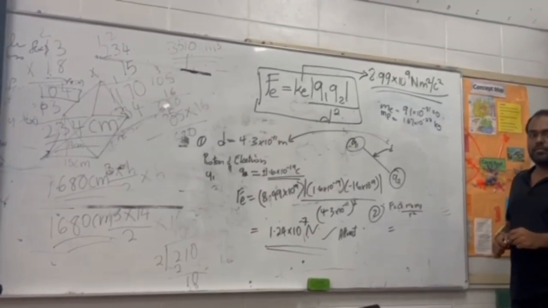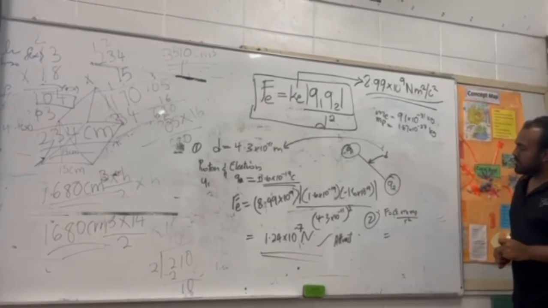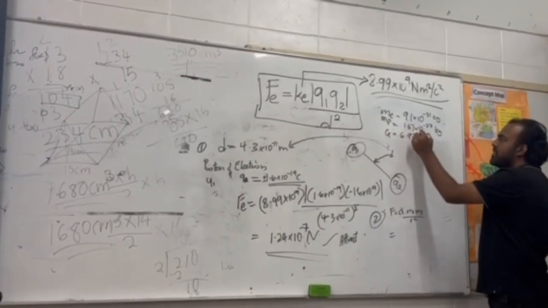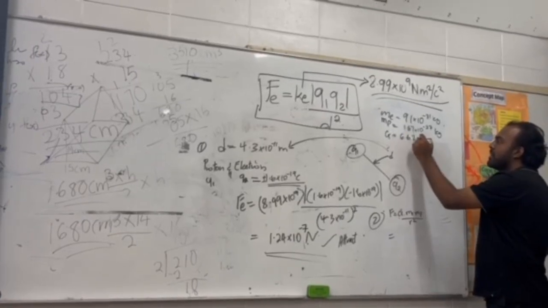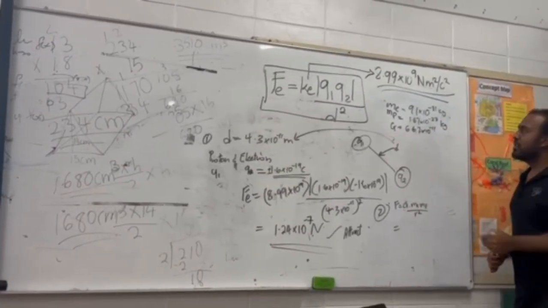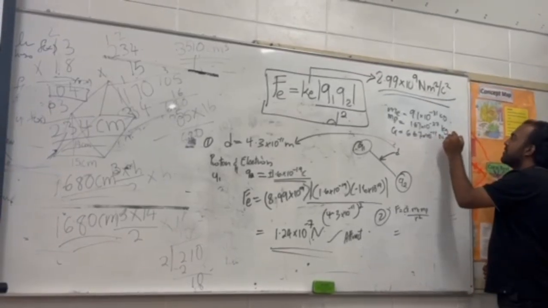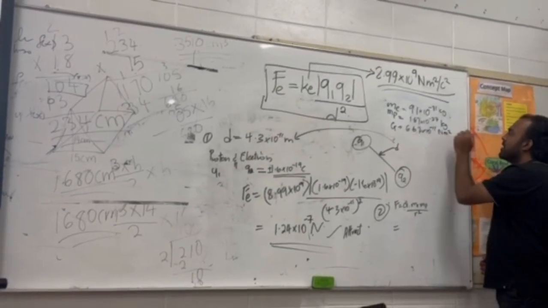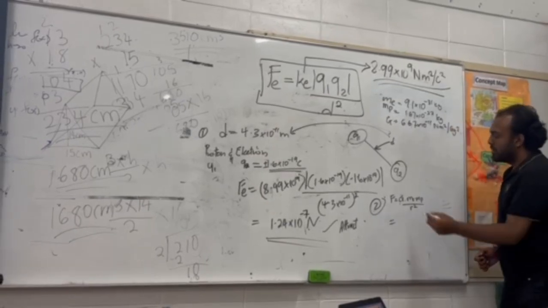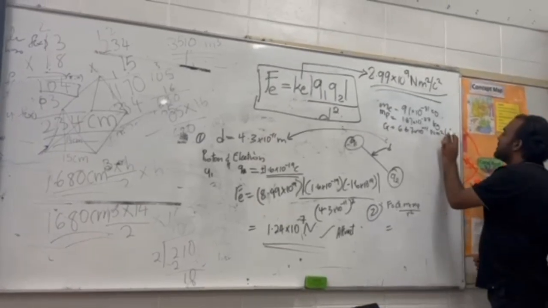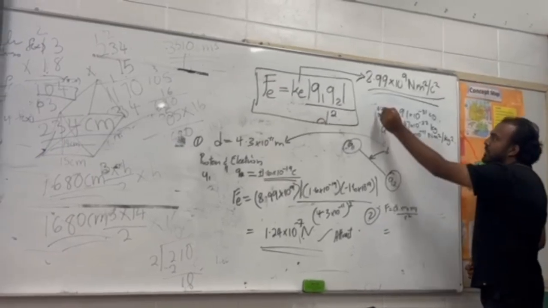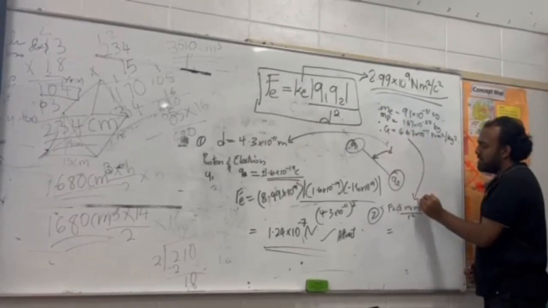G is known as 6.67 times 10 to the power of -11 Newton meter squared per kg squared. Good. So now we'll substitute these three values here.